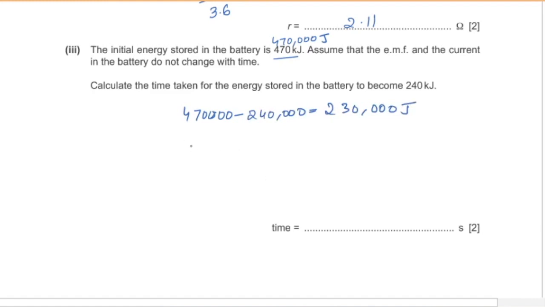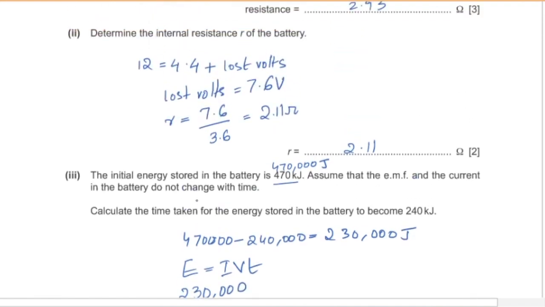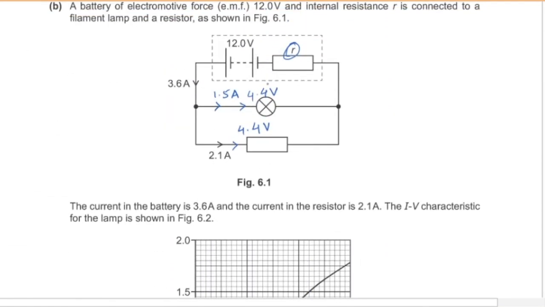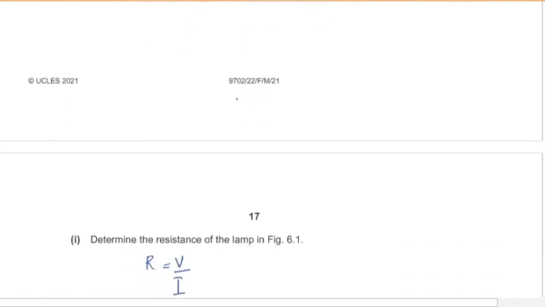What's the time taken? Energy released is equal to I into V into time interval. So the energy being released is 230,000, divided by the current in the battery, which is 3.6 amperes, and the EMF of the battery is 12 volts.